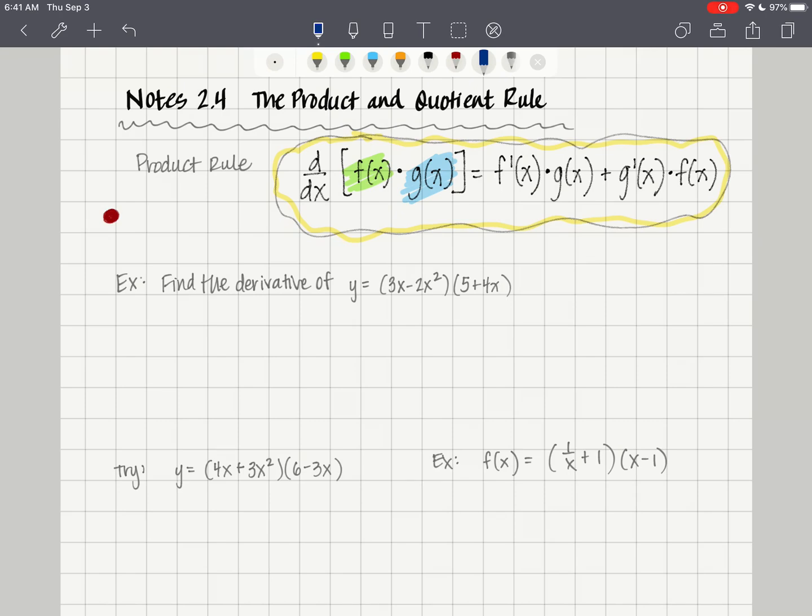You can't really multiply a radical expression times a polynomial. So this is why the product rule is going to be important.